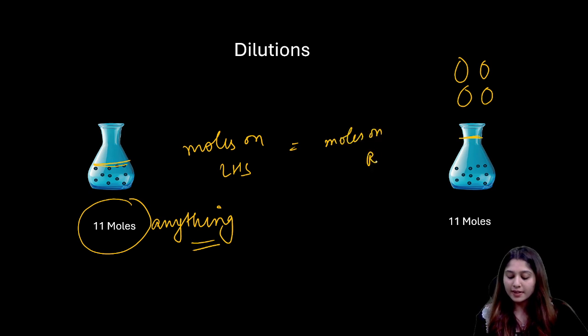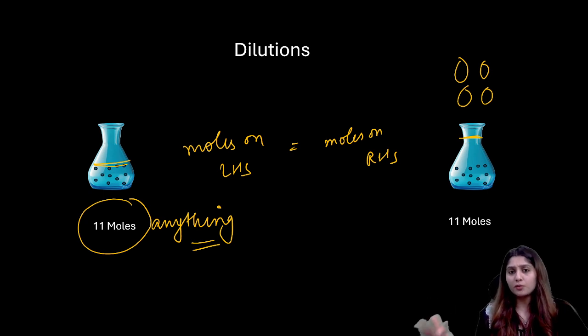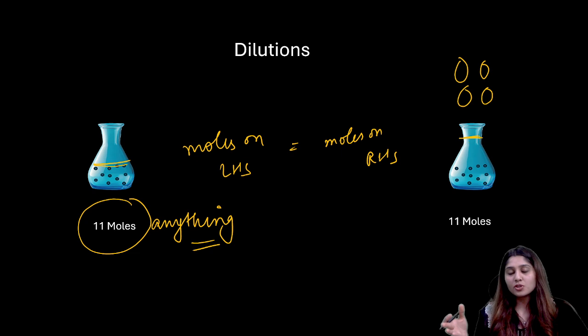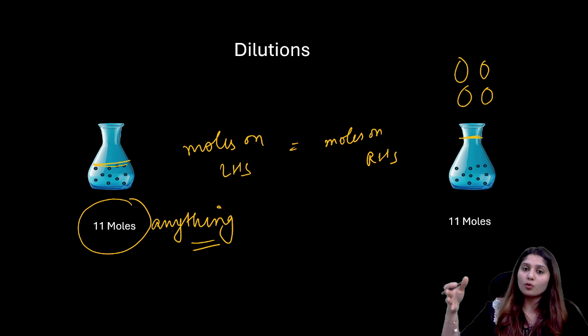The main point being that the moles on the left hand side equal the moles on the right hand side, and obviously now we know how moles and N factor are different and the same. So of course if the moles are equal, the gram equivalence will also be equal, right? Because here the thing is not changing. If we have 11 moles of A on the left hand side, after addition of water, it will be 11 moles of A and more volume of water.